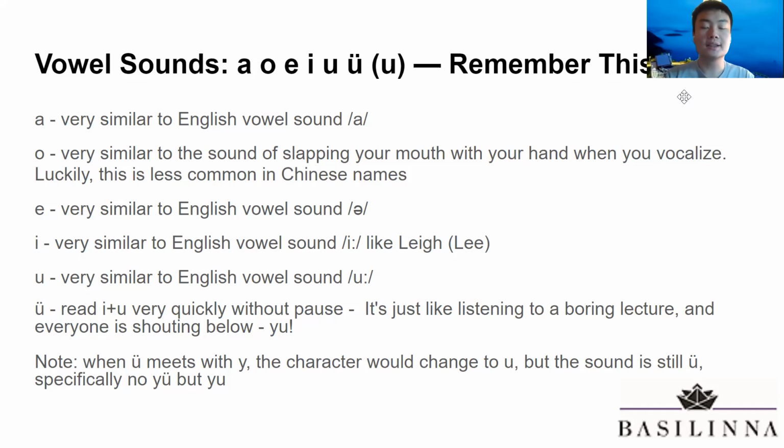The last one would be the special one, yu. I know you do not have this character in English, but do not worry about that. This sounds like yu, just like reading e and u very quickly without pause.